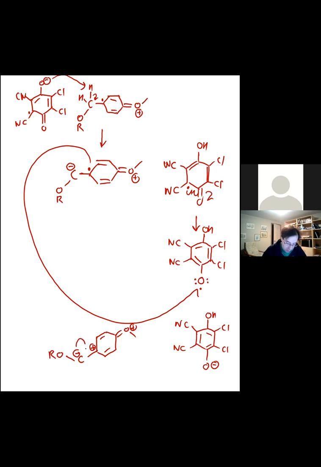Of course, we're not going to let that stand. We're going to make a double bond. So now we have that. Not particularly stable. So let's draw a resonance structure of that.